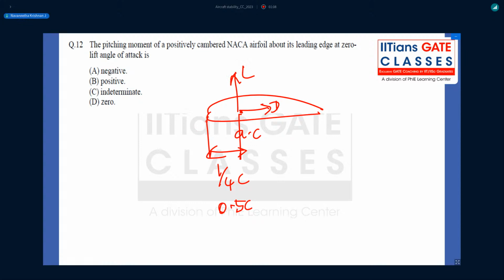If you resolve this as a moment about the leading edge, it will always be a nose down moment. According to the sign convention, nose up pitching moment is positive and nose down pitching moment is negative. So it is a nose down pitching moment, so it is negative. So it is option A, negative.